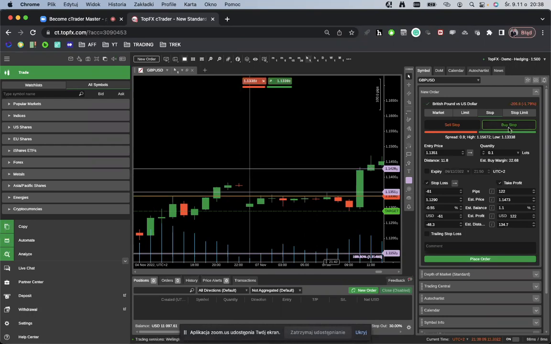So this is why this is a buy, and the stop is a kind of order which very often works like a market order. Basically, this kind of order is telling the trading platform and your broker, please open the buy order at entry level 1.1351 as soon as the market hits this order, with the stop loss like this and take profit like this.